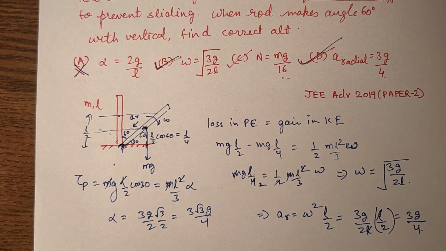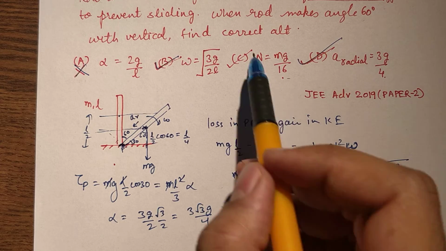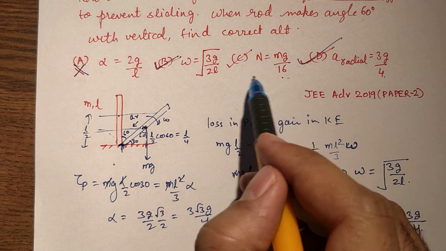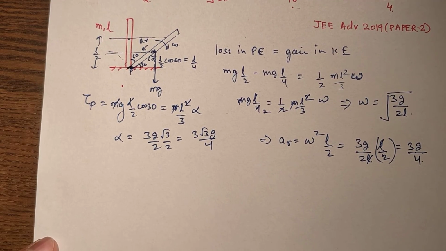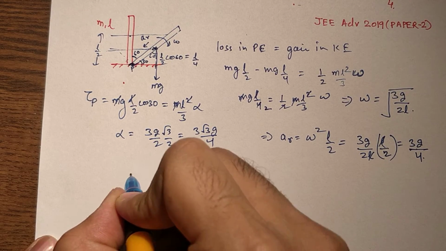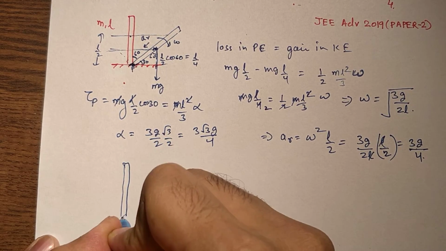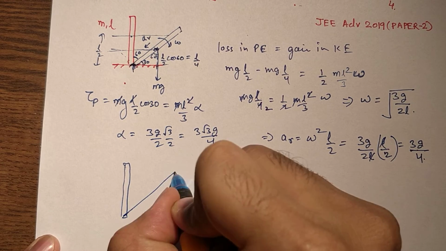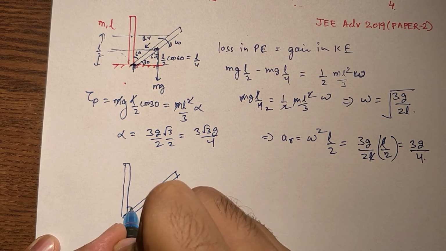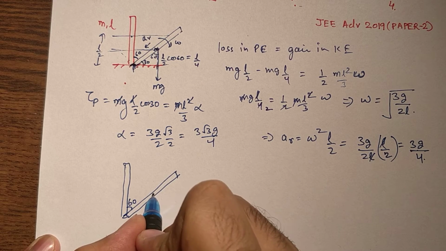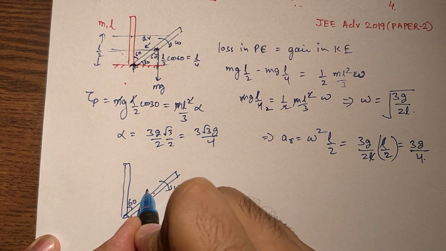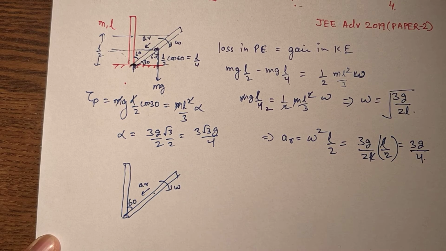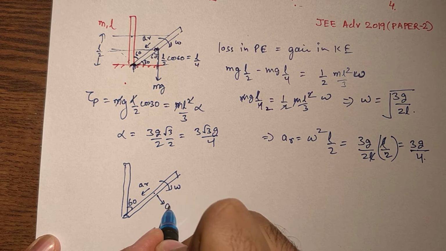Now the main part of this question is this C part. This is the most important part to understand. So let me draw the diagram again to understand this better. This is the initial situation, and it makes an angle 60 degree with the vertical, so it will be here, and at this instant it is rotating with omega. So there will be two accelerations here: one is the radial acceleration and the other is the tangential acceleration.